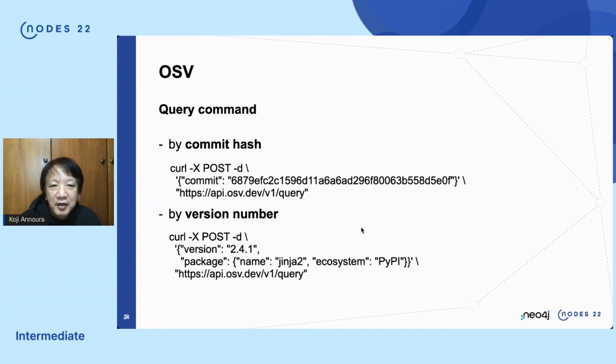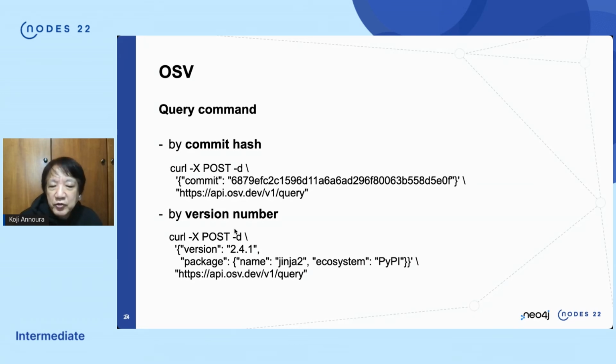Call by commit hash or by version number. Commit is here, just the commit hash tag here. You can receive some issues of the component.